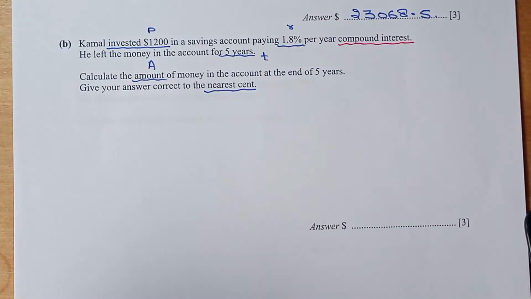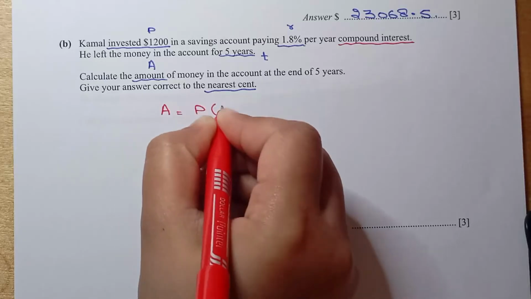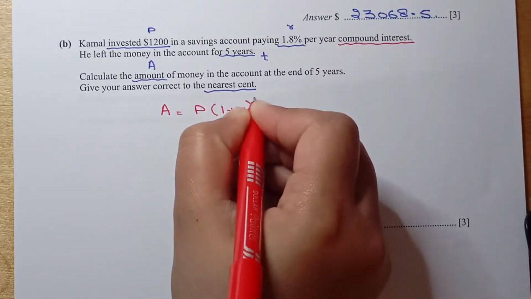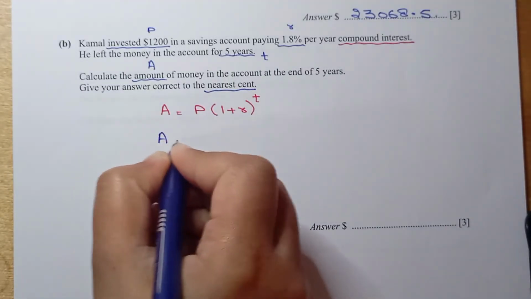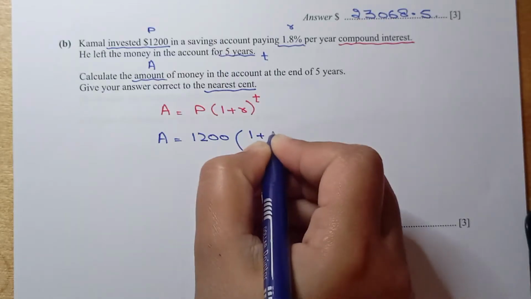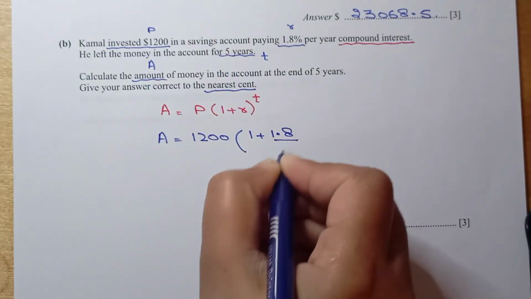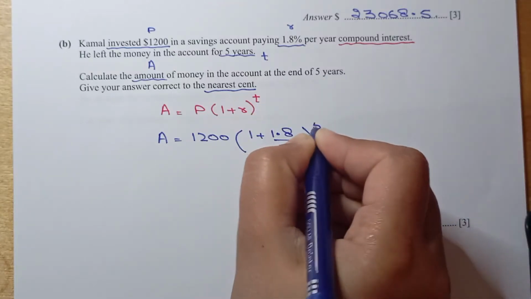Okay, so let me use the formula for compound interest here. Amount equals principal times 1 plus interest rate, exponent time. We need to find the amount. Investment is $1,200 times 1 plus interest rate 1.8%, so divided by 100, and the time is 5 years.